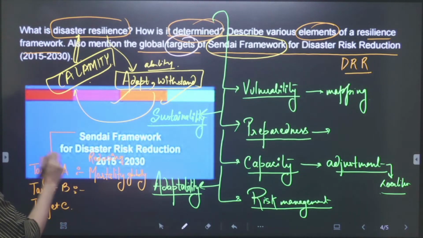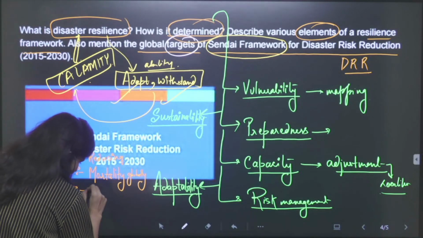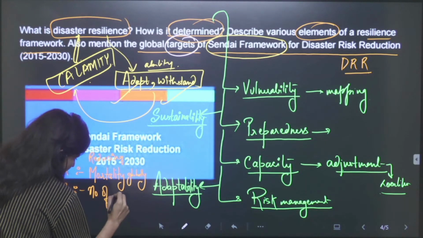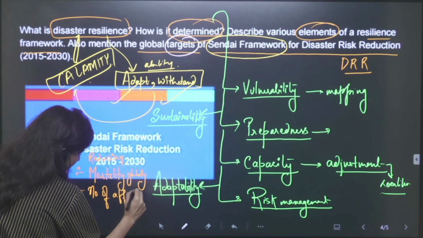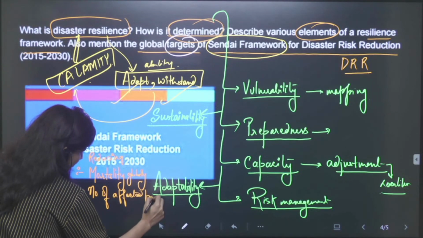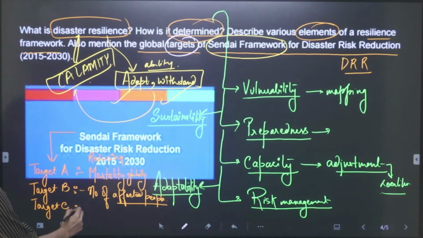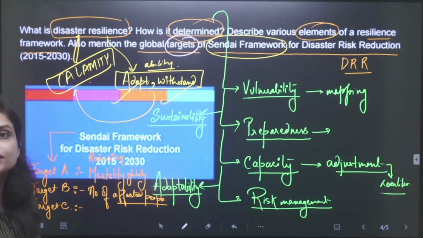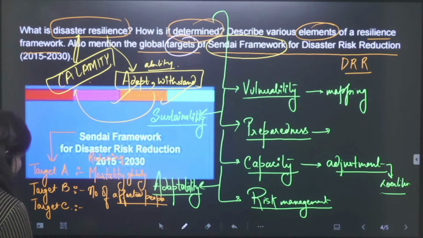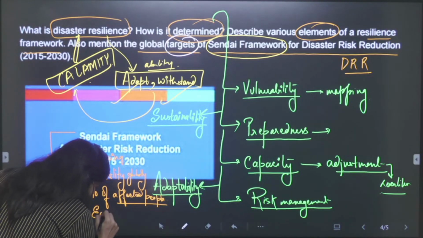Then we have target B. Target B is talking about the number of affected people, which should be reduced. Then we have target C. Target C is talking about reducing economic losses.